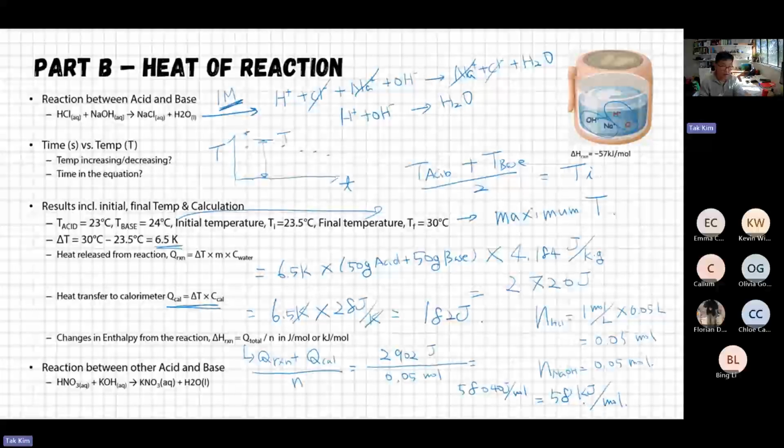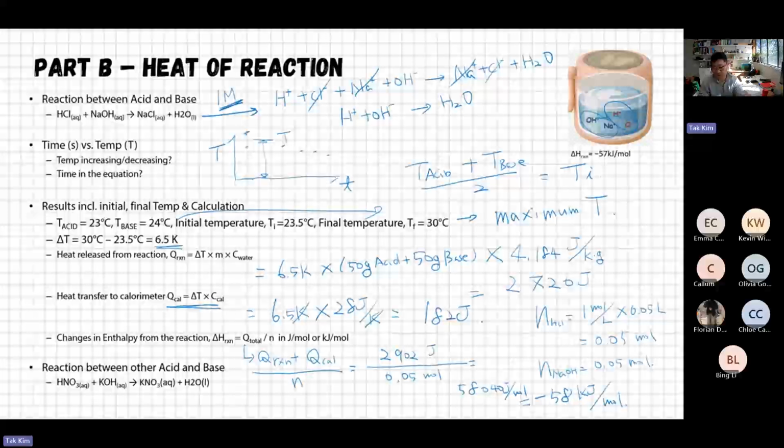And as I mentioned in the beginning, since it is an exothermic reaction, instead of leaving this number as a positive number, you will need to put a negative sign to express that this was an exothermic reaction.